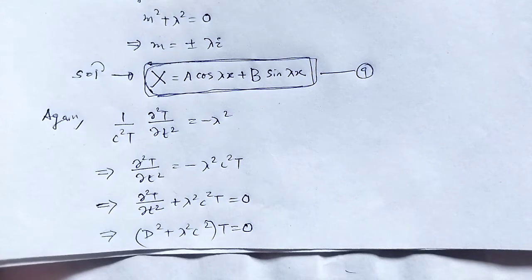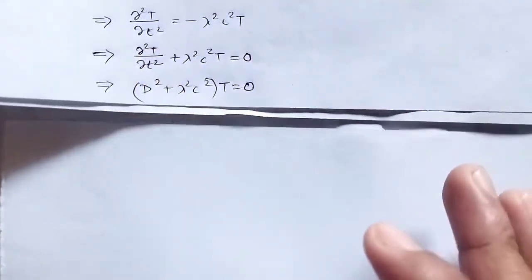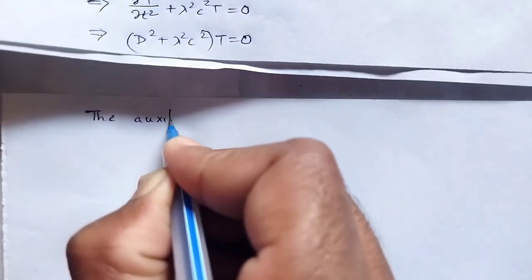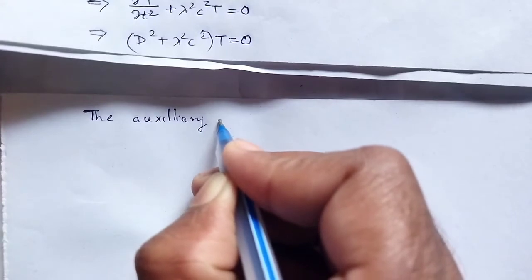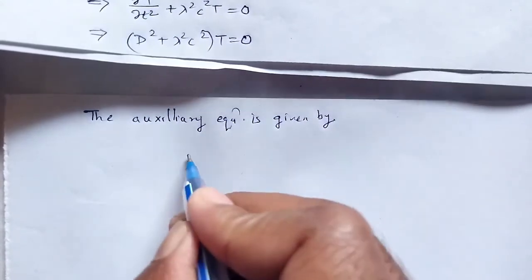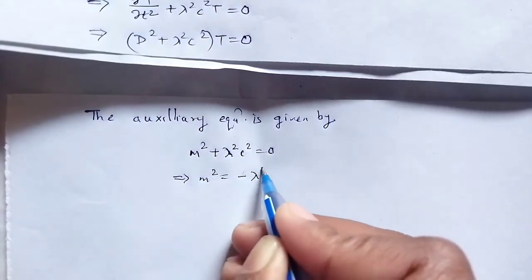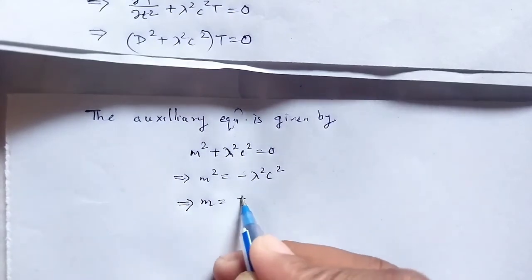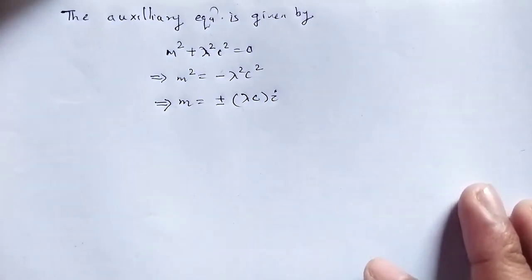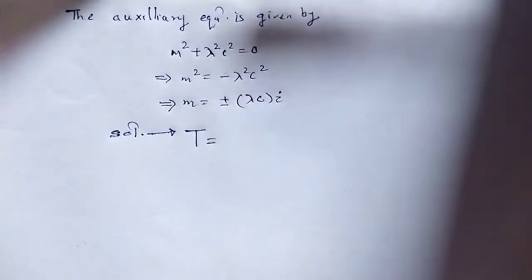Now the auxiliary equation is given by m square plus lambda square c square is equal to 0, which implies m square is equal to minus lambda square c square, which implies m is equal to plus minus lambda c i.